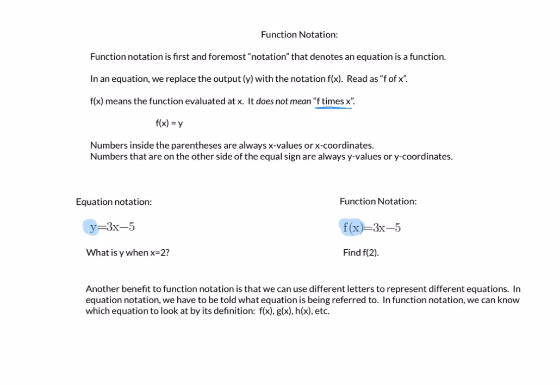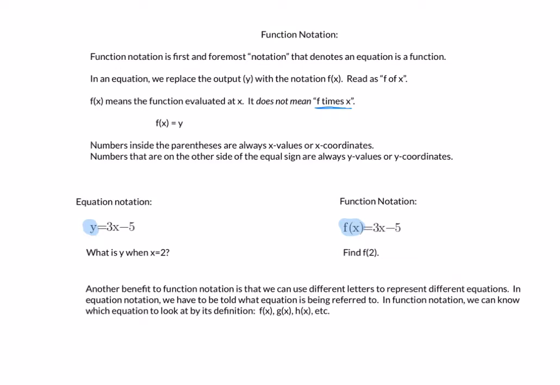In equation notation, we have to be told what equation is being referred to if we want to find a coordinate or evaluate it. In function notation, we can have several different equations, and we can know exactly which equation to look at by its definition, whether it be an f, a g, an h, etc.